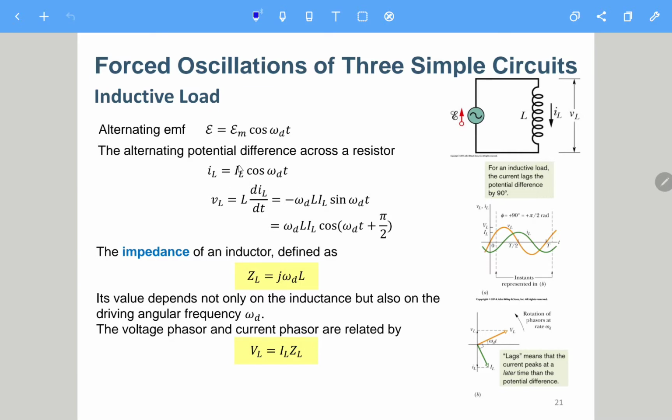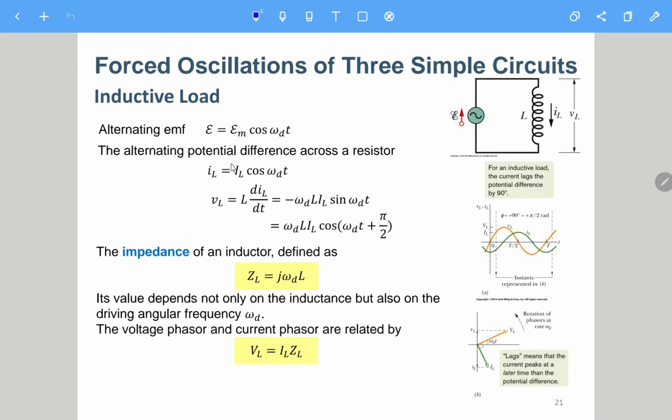So still I_L is the phasor of the current. And we also know this expression, v_L equals L di_L/dt. So we take the derivative of the current with respect to time, and multiply by the inductance, and it will be the voltage, or the potential difference, across the inductor.